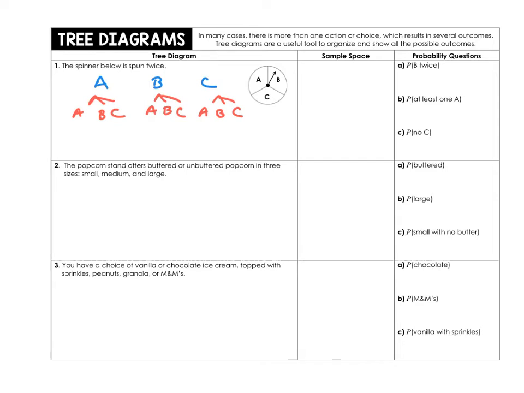So if we look at this, and I'm going to use yellow to show the different combinations, we could have combination AA, combination AB, combination AC. And then we could do the same thing for the B's and the same thing for the C's.